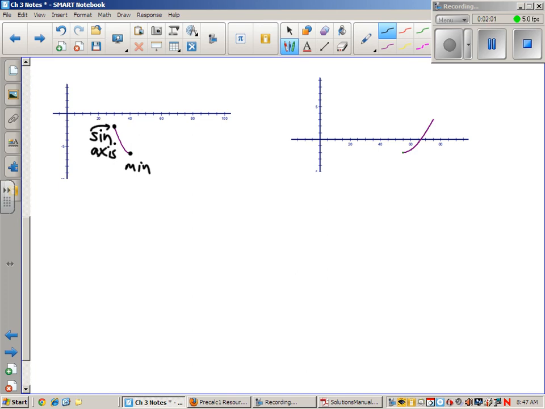I can see the curvature down at the right endpoint, so that's definitely a minimum. Same thing here, this is definitely a minimum versus this one. It would not be a max because there is no curvature up at the top. It would be a sinusoidal axis point.